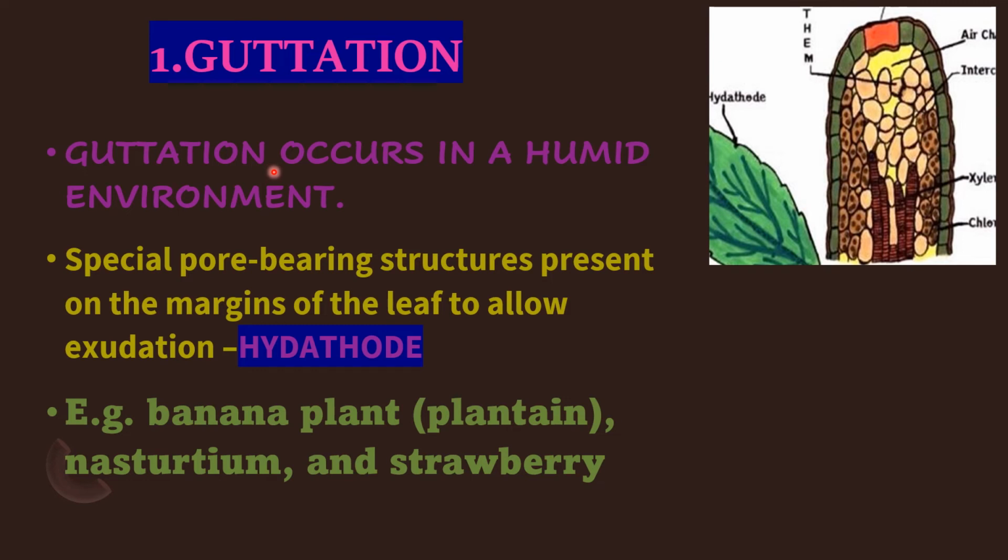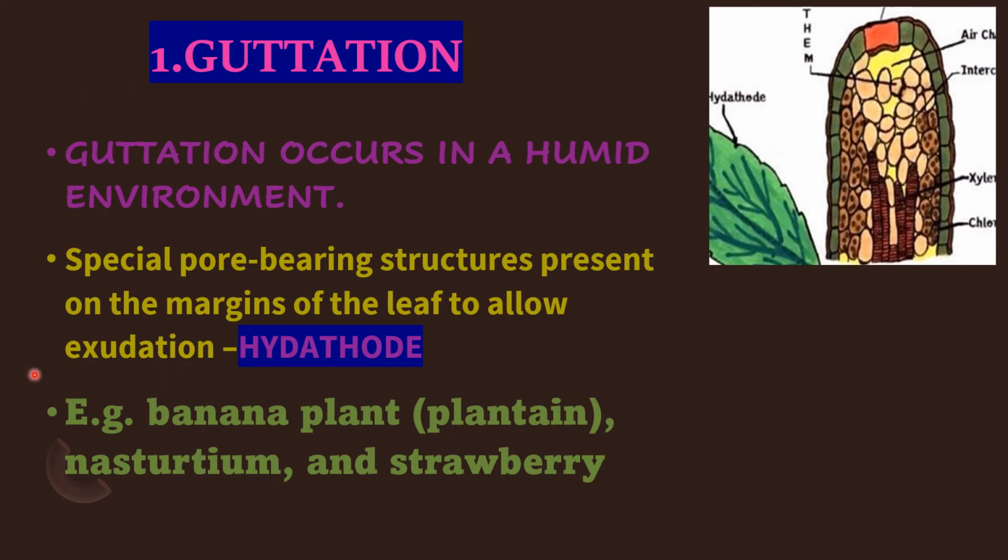This mainly occurs early in the morning. Special pore-bearing structures are present on the margins of the leaf to allow exudation. That special structure we call hydathode. Very important. That allows exudation or guttation.